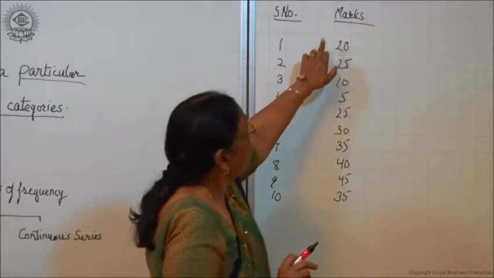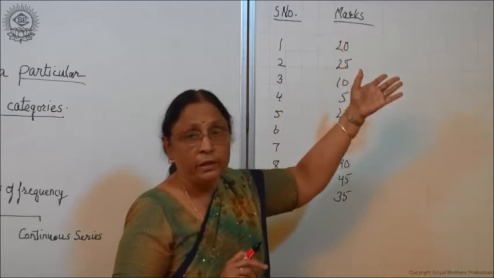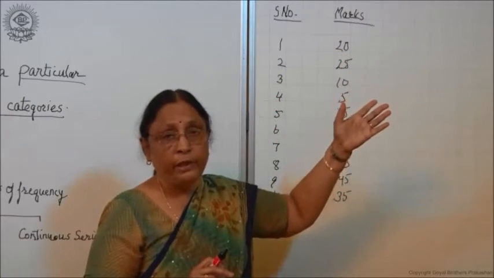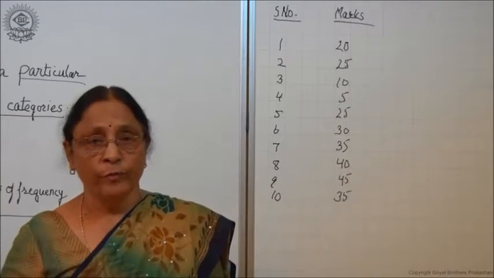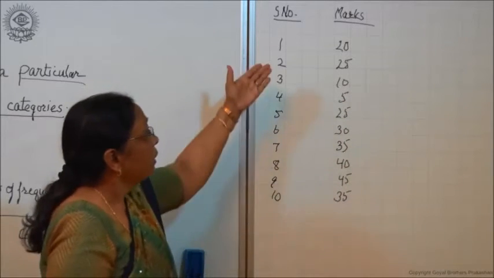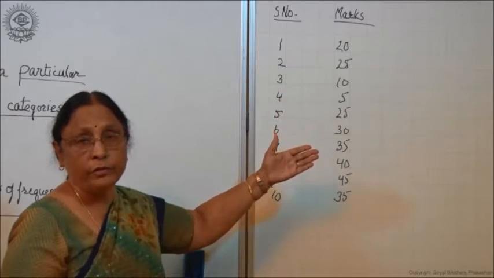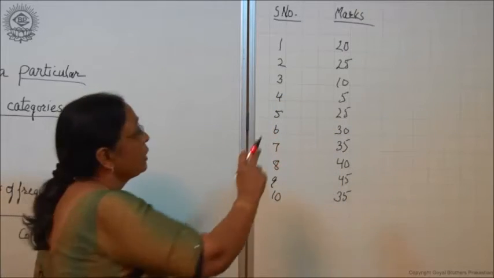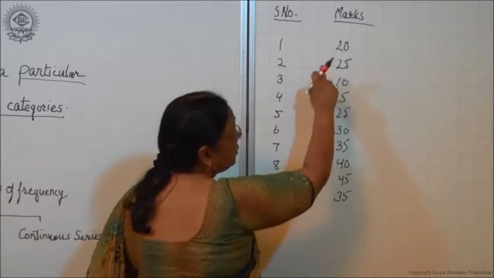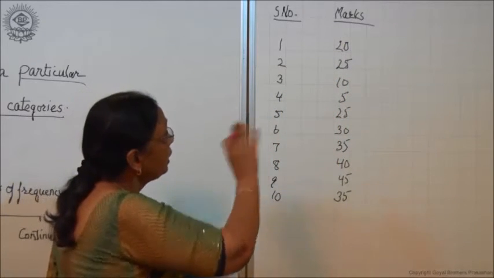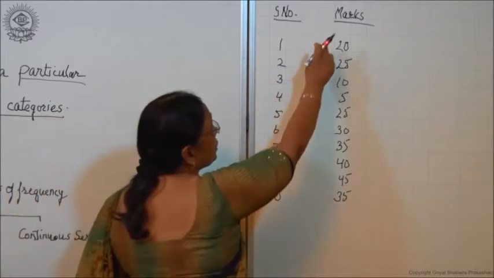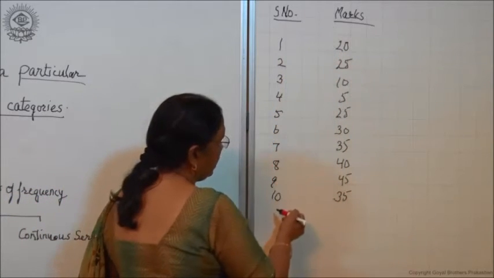Now it can be marks, or any other variable you can take, like income of people, or expenditure of different groups of people, or the age or height of children in the class, whatever. But here we have taken the marks. That doesn't mean that only marks can be categorized like this. It can be any other variable. Now suppose we are taking marks of 10 students in the class.